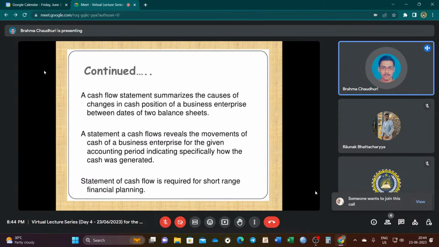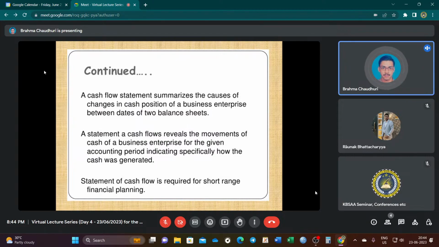The cash flow statement summarizes the causes of changes in the cash position of a business enterprise between the dates of two balance sheets. That means on the opening date of the balance sheet, what is the cash position of a particular enterprise, and at the end of the financial year, that is the closing date, what is the cash position.